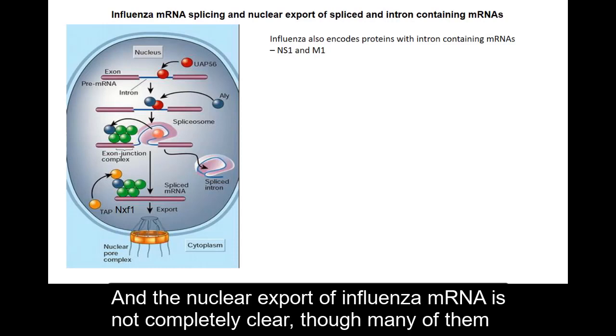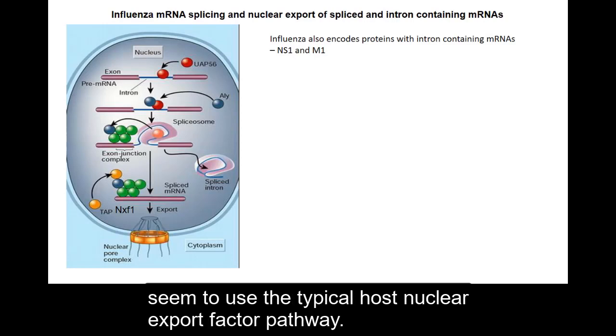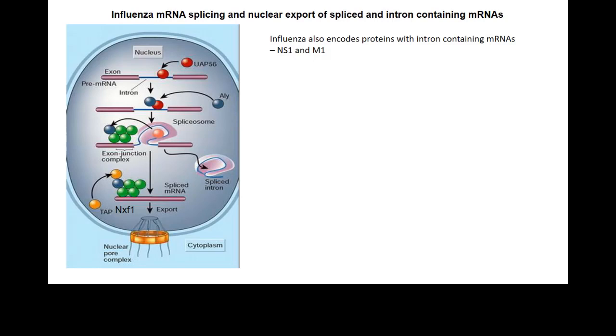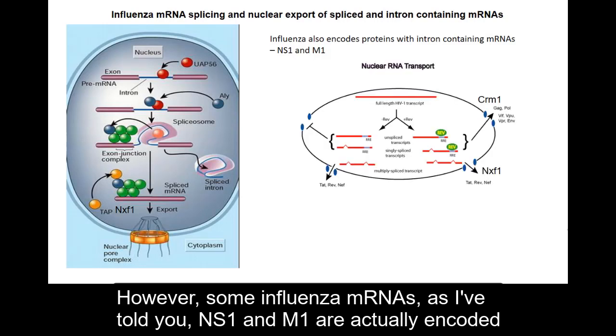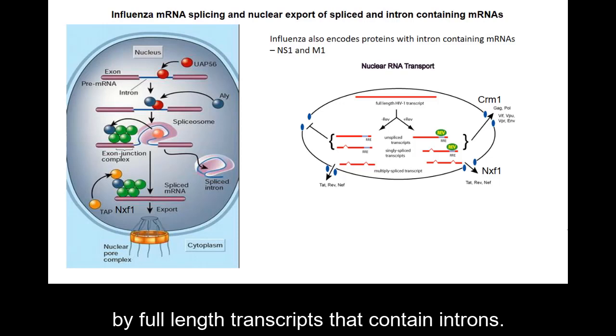And the nuclear export of influenza mRNAs is not completely clear, though many of them seem to use the typical host nuclear export factor pathway. However, some influenza mRNAs, as I've told you, NS1 and M1, are actually encoded by full-length transcripts that contain introns.